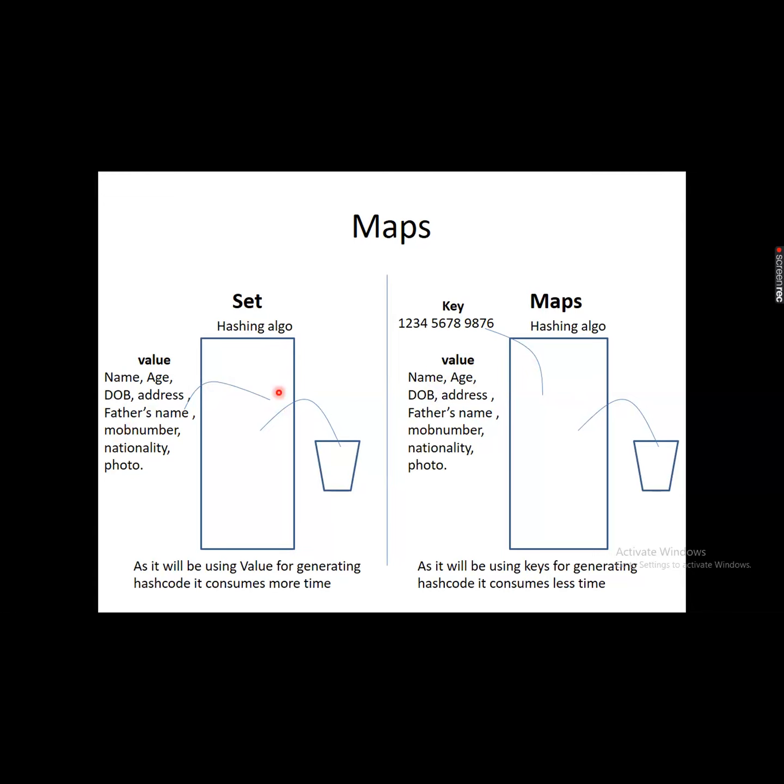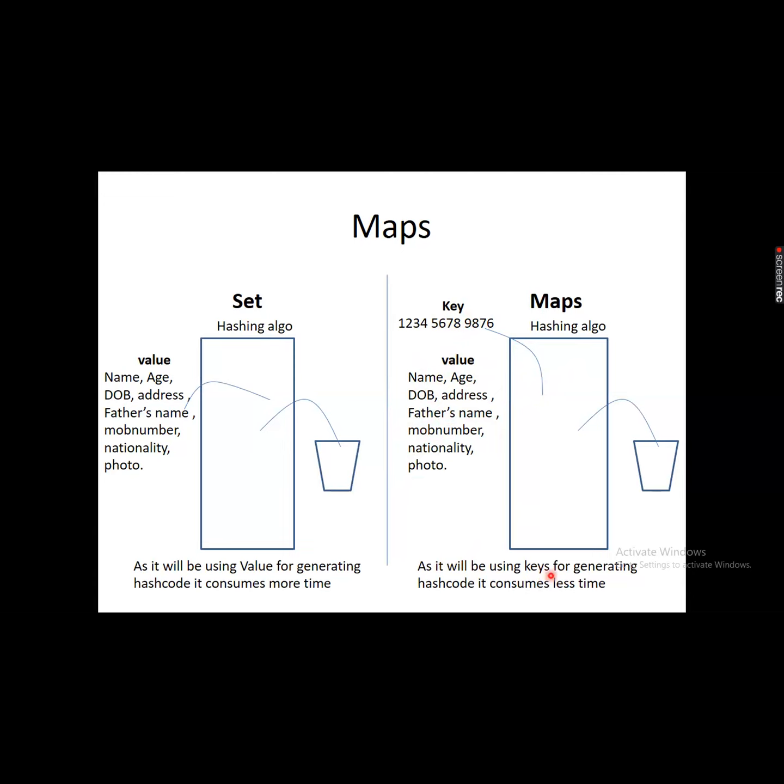The address where you want to store the data. Yes or no? Now here, I'm not going to use this value. Rather, for this value, I will assign one unique code. That code I will use to generate the hash code. Getting my point? Rather than using all these things together, I will use this one key to generate my hash code. Is that clear? Yes, no? Okay.